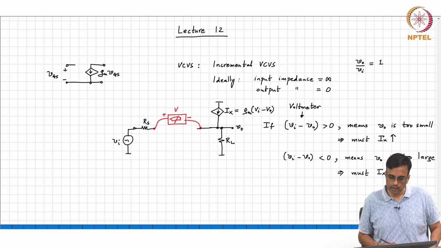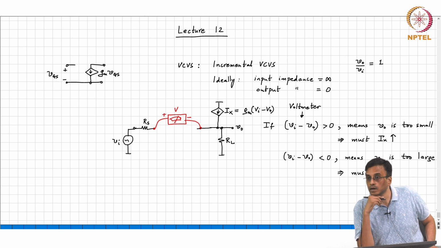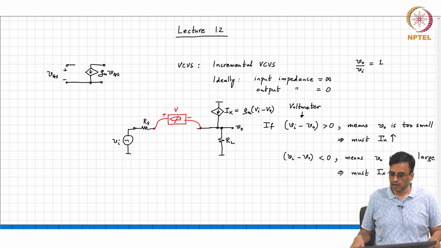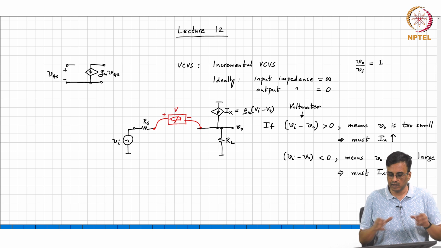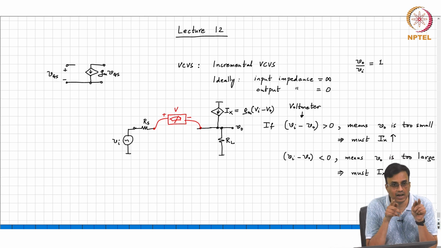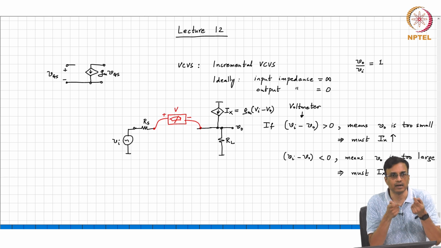Now can somebody recognize the transistor, the terminals of the transistor in this picture? By the way, Ix produces a current which is proportional to Vi minus Vo, and if you want Vo to be exactly equal to Vi, what comment can you make about the transconductance Gm? How much do we need?